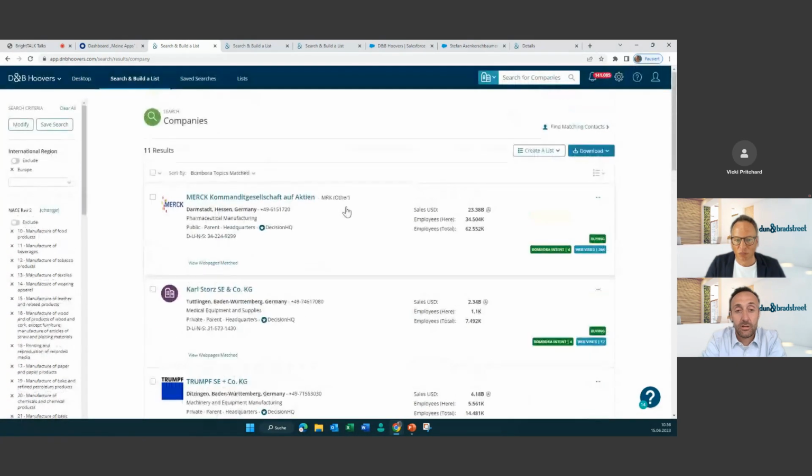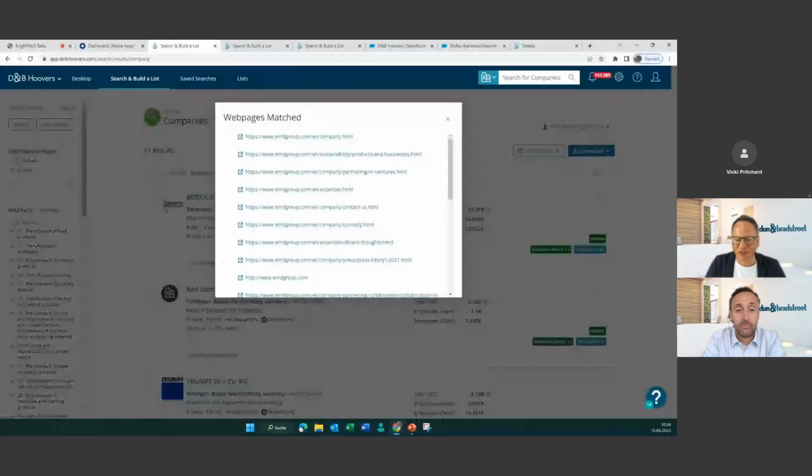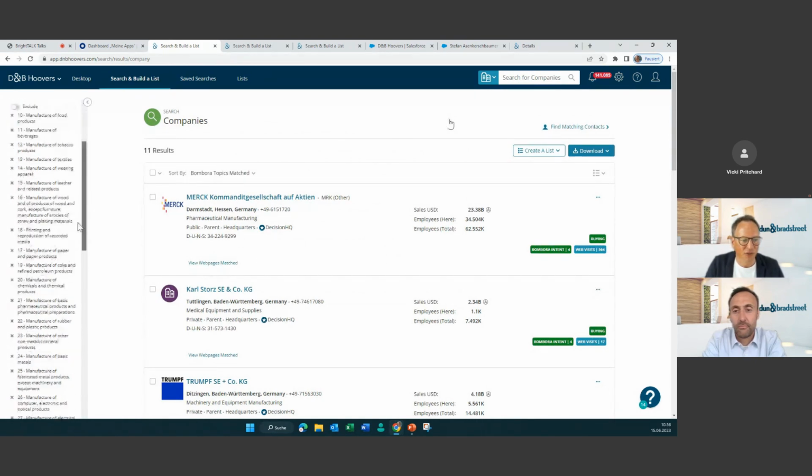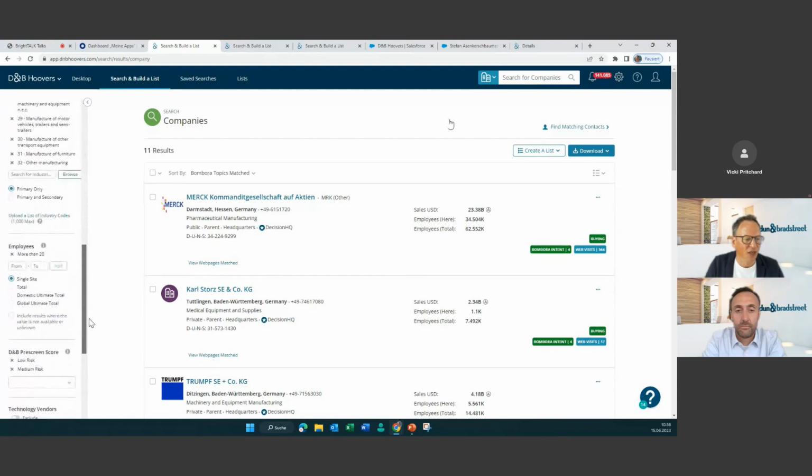First of all, I can check on the view web pages matched if things like, I entered sustainability, and I see, wow, this group has many pages where they talk about sustainability. So this is this already matched. You still see the search criteria right here.